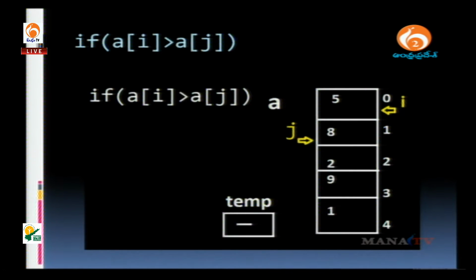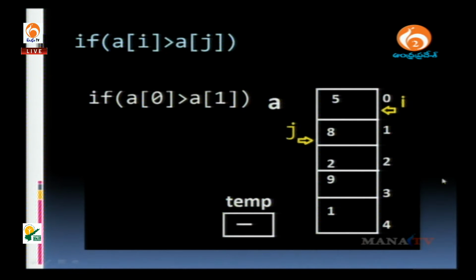Whenever the condition becomes true, the control enters the body of the inner for loop, that is, if a of i is greater than a of j. Here i means 0, and j means 1.